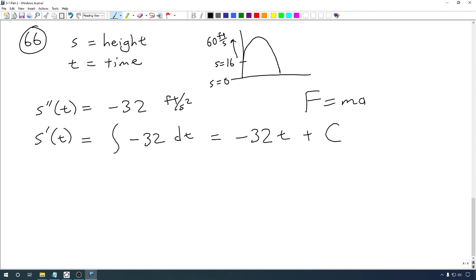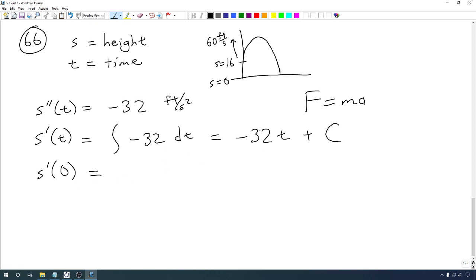That constant is important because this constant is actually not going to be 0. There is a specific velocity function here, and we're going to have to find out what that c actually is. And we're going to use the fact that we know its initial velocity. We know at time t equals 0, it is thrown with a velocity of 60 feet per second. That means when we plug 0 in here, we should get 60.